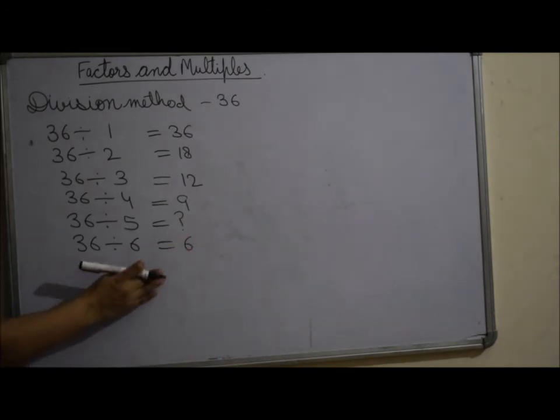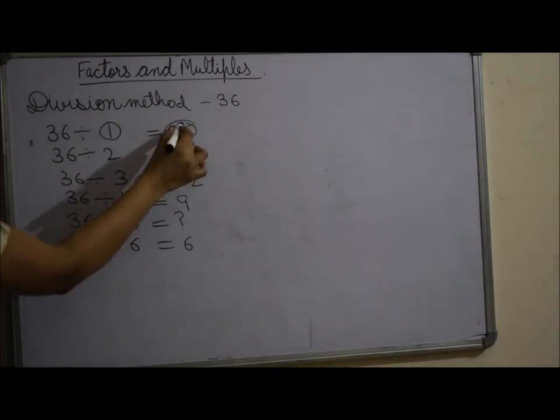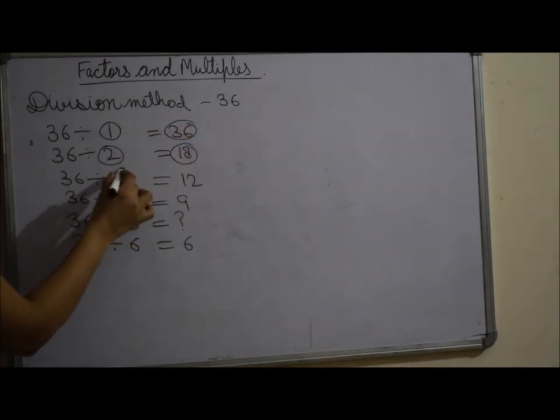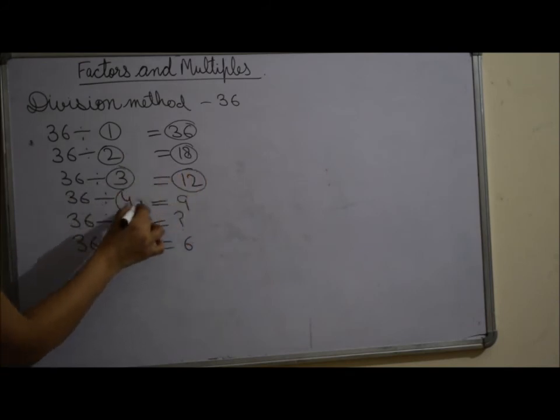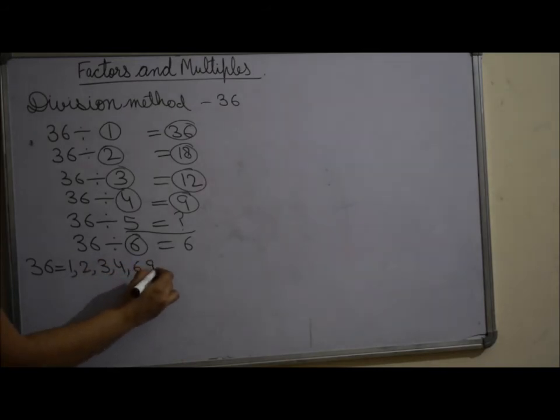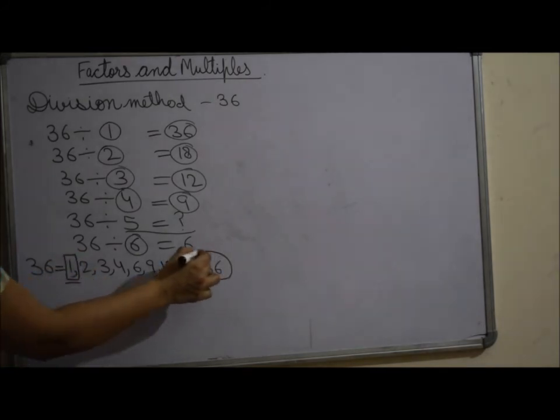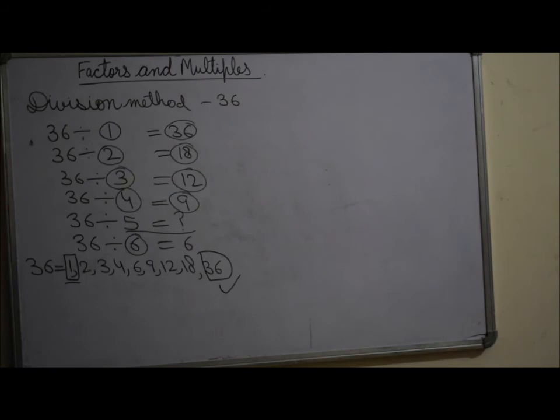So we'll stop here only, we'll not check the rest of the numbers. Five is not a factor. So factors of 36 are 1, 2, 3, 4, 6, 9, 12, 18 and 36. Again you can see the lowest factor of a number is 1 and the highest factor of a number is the number itself.